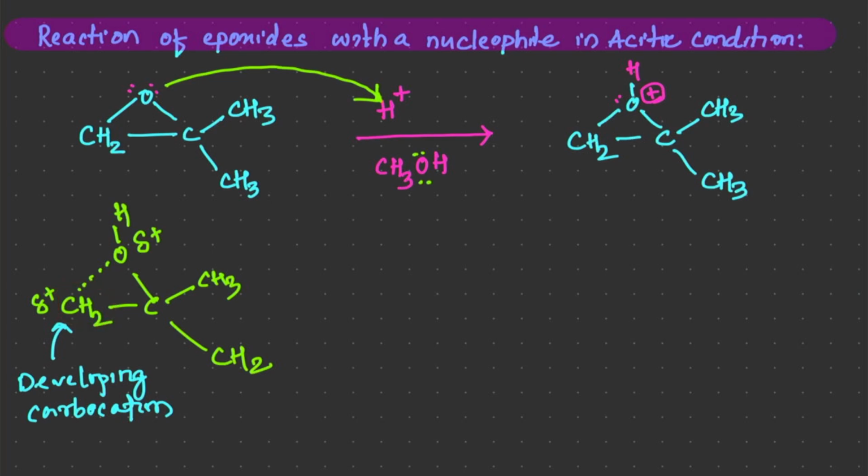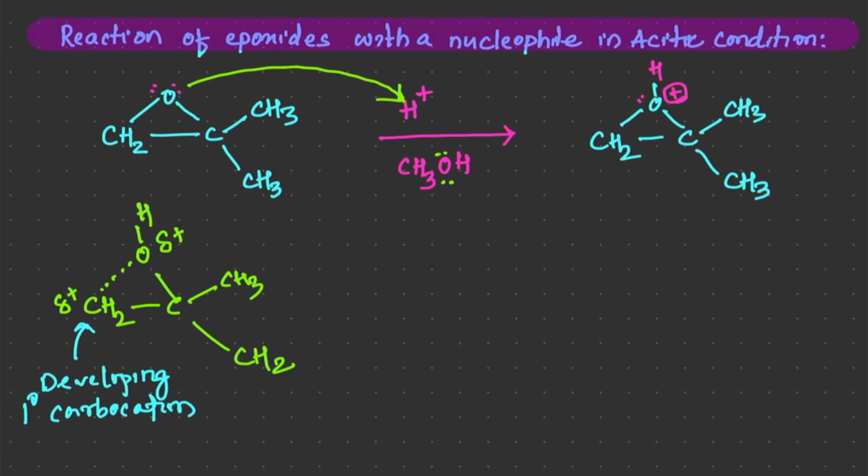Now, what type of carbocation is this one? If you notice, this carbon atom is connected to only one other carbon atom. So it is a developing primary carbocation. But what if, instead of this carbon atom, the other carbon atom is the developing carbocation?